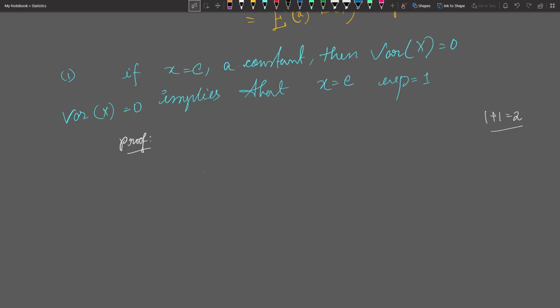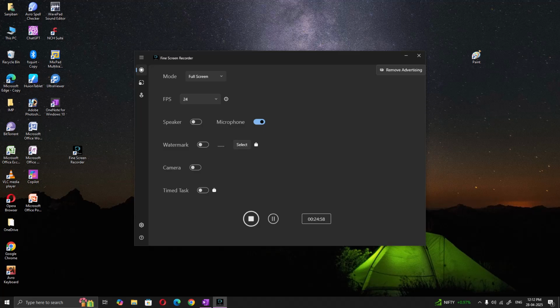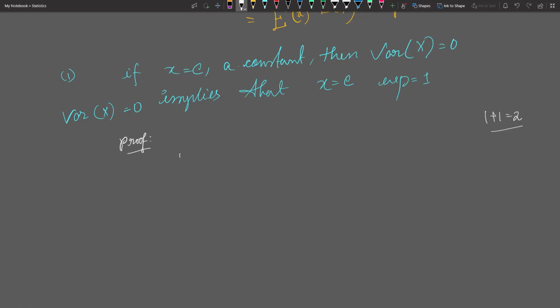Don't be confused, because confusion kills your energy. So if x is equal to c with probability 1, then the expectation of x is equal to c, which is equal to mu.